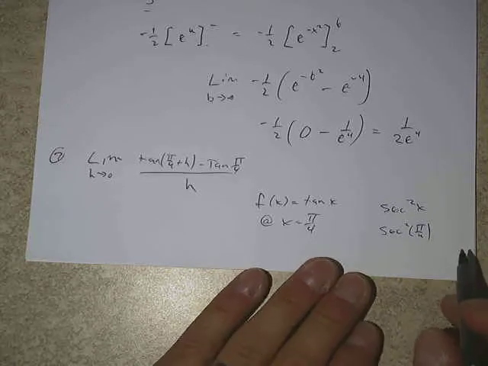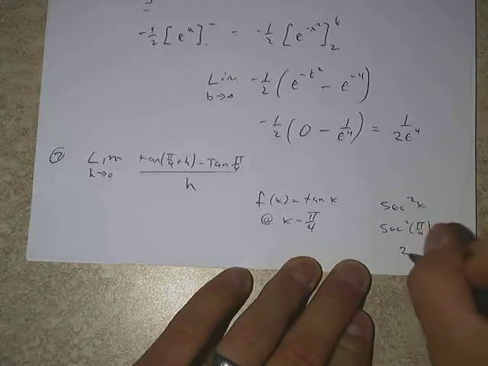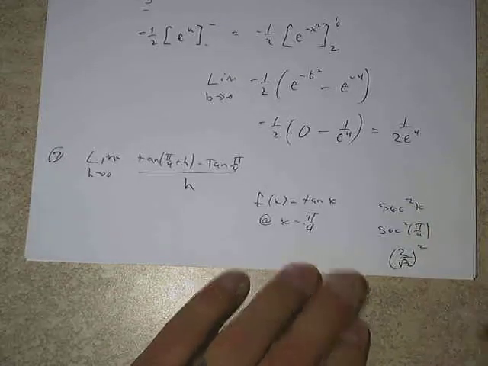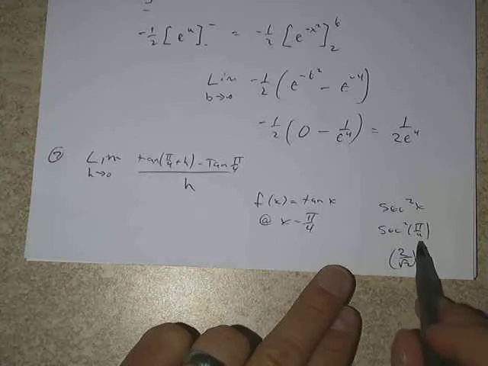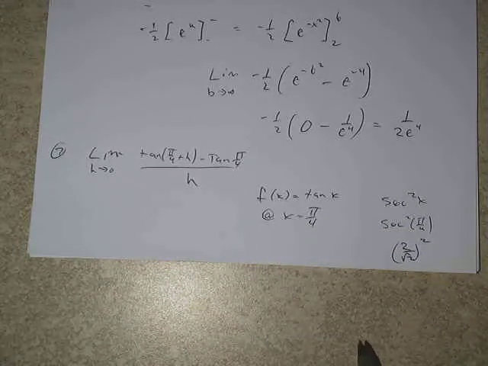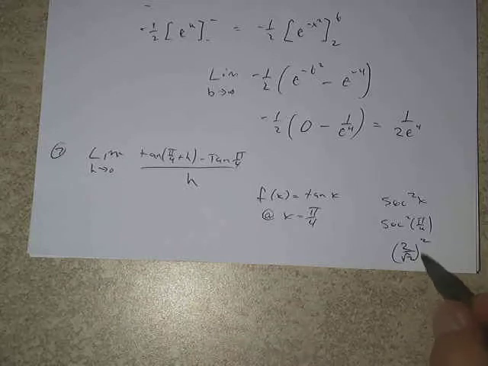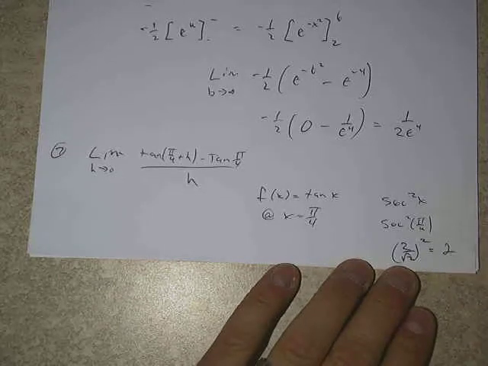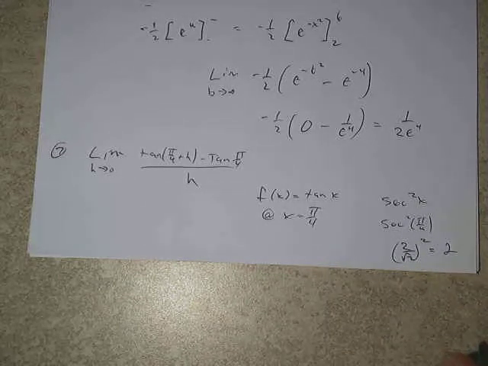So cosine of pi over 4 is radical 2 over 2. And so the secant of it would be the flip of that. So it would be 2 over radical 2 all squared. Again, secant of pi over 4 is the same as 1 over cosine of pi over 4. So flip cosine of pi over 4 and then square it. We get 4 over 2. So we'd ultimately get 2. The letter E.